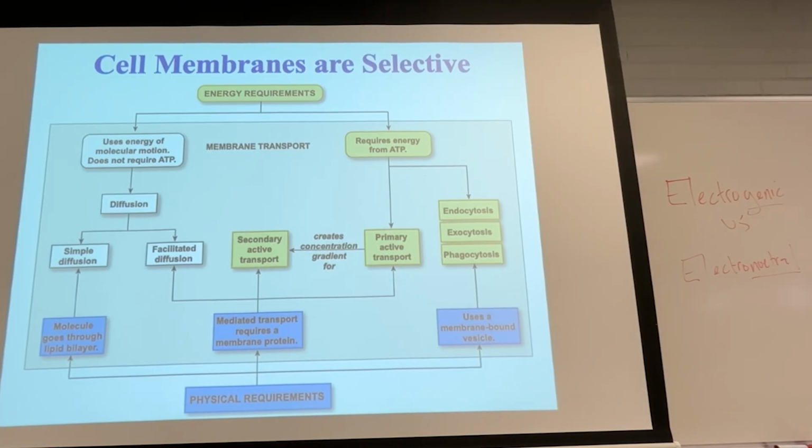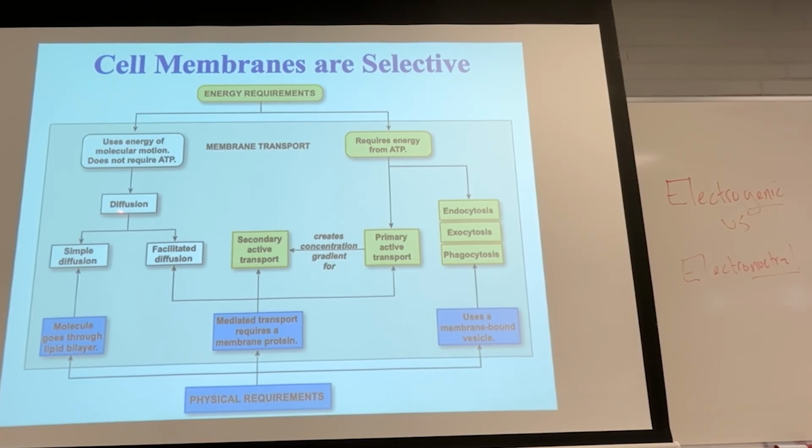It uses the energy that is in the molecule, which is called molecular motion. All molecules are moving. If you concentrate them in one area, they tend to move to areas of low concentration. It doesn't require anything from the cell. We just use the concentration to do diffusion.